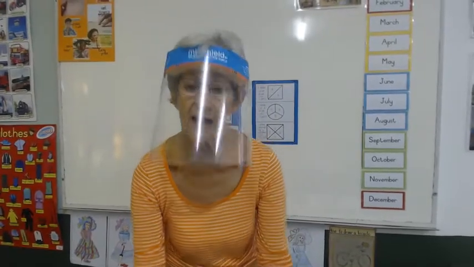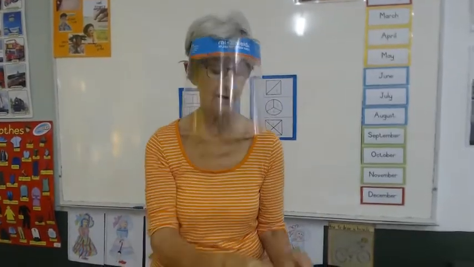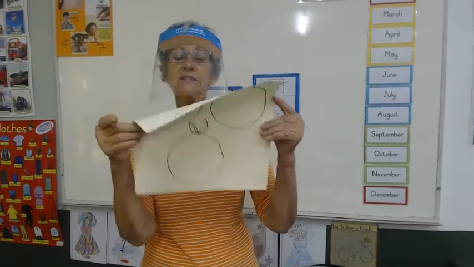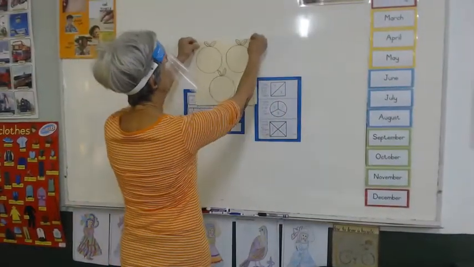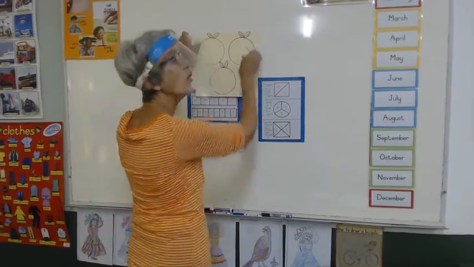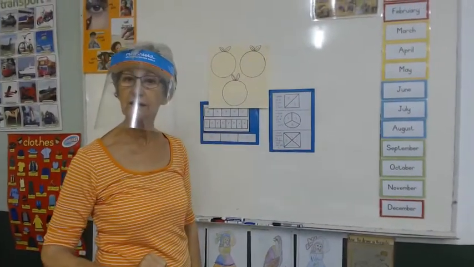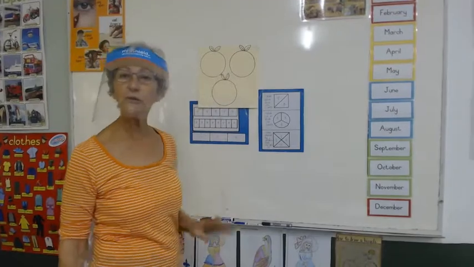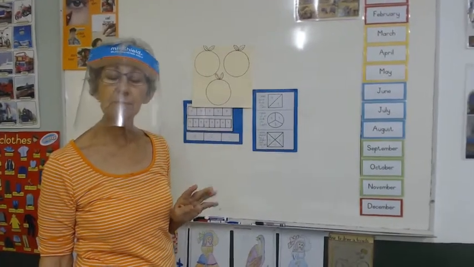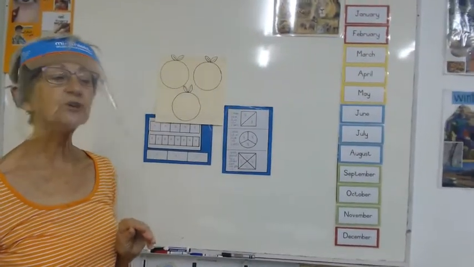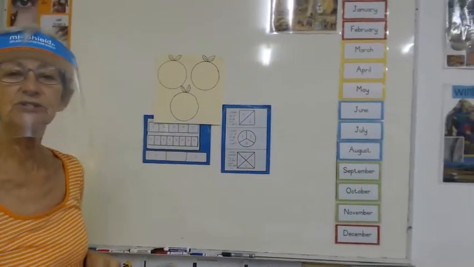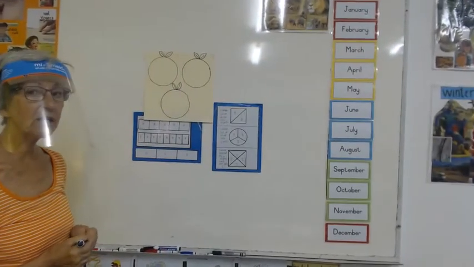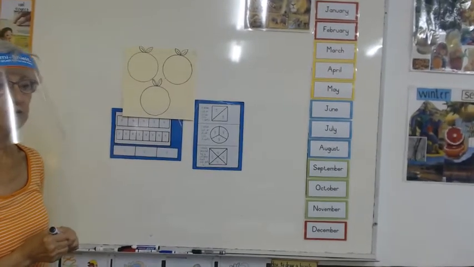So if I have to share 3 apples, there's my apples, 3 apples between 4 children. Oh, now I've only got 3 apples, but I have to share it between 4 children. How am I going to do that? Remember, equal sharing.